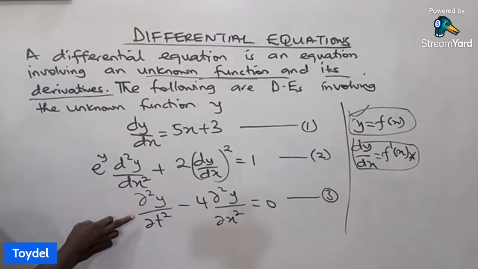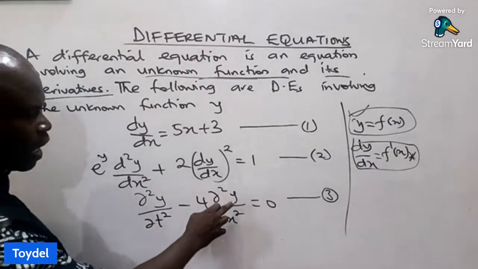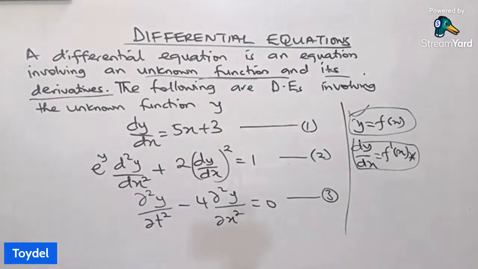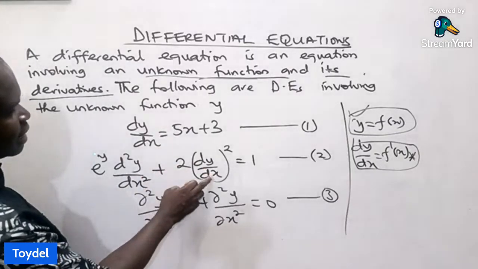Then we check equation 3. Here we have partial derivatives: the partial derivative squared of y over partial t squared, minus 4 times the partial derivative squared of y over partial s squared, is equal to 0. So example 1 and example 2 are examples of ordinary differential equations. Then example 3 is an example of a partial differential equation. Examples 1 and 2 have just one independent variable, which is x.